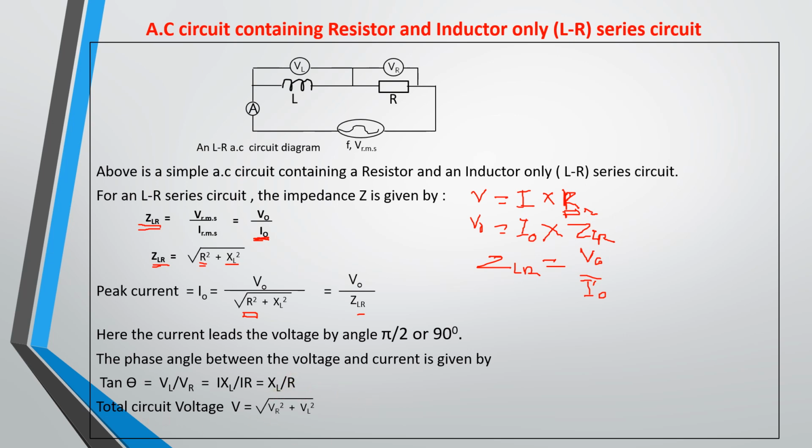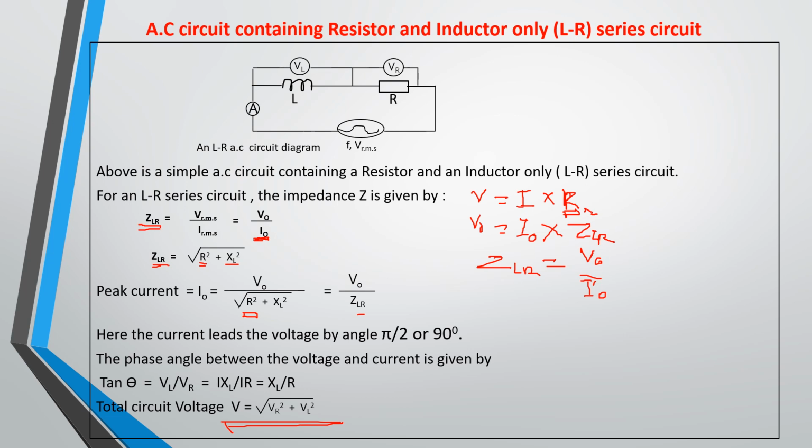Then the total voltage for this circuit arrangement is equal to the square root of the sum of the squares of the voltage across the resistance and the voltage across the inductor. So VR squared is the voltage across the resistance, and VL squared is the voltage across the inductor. So this is the formula for the total voltage flowing through this particular circuit.